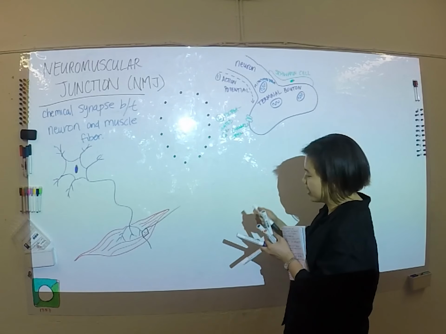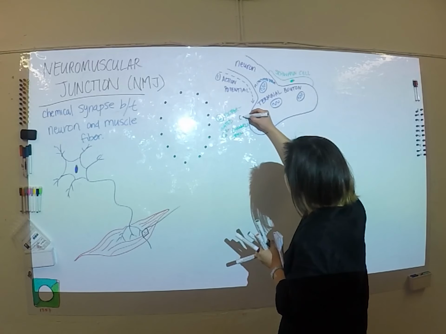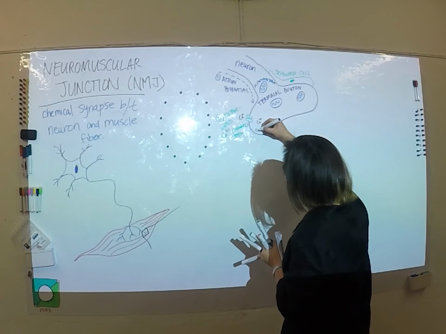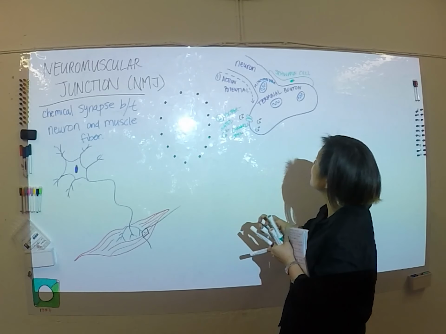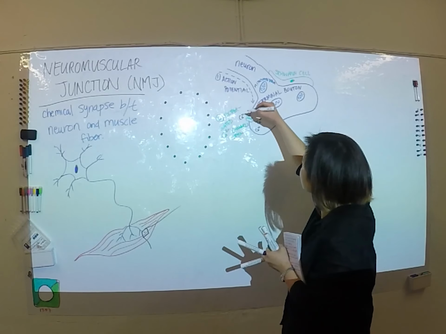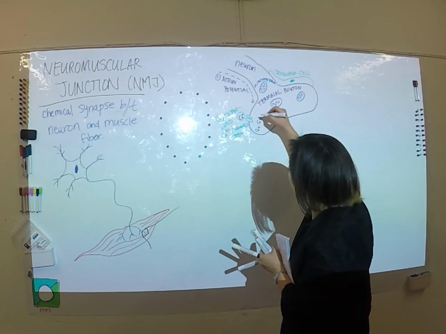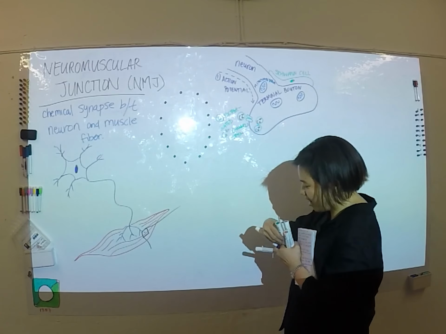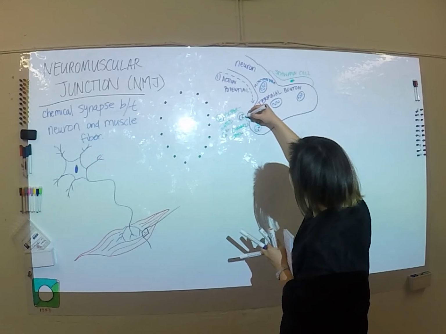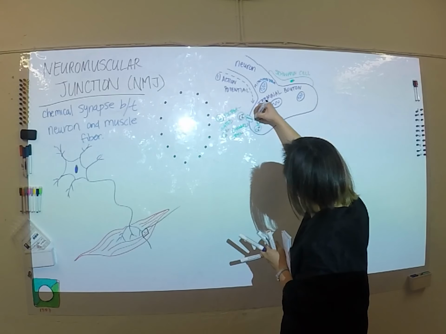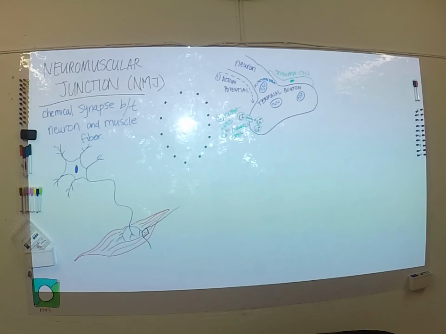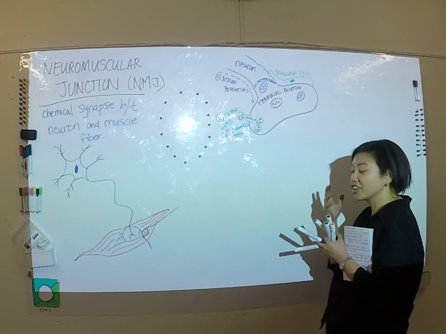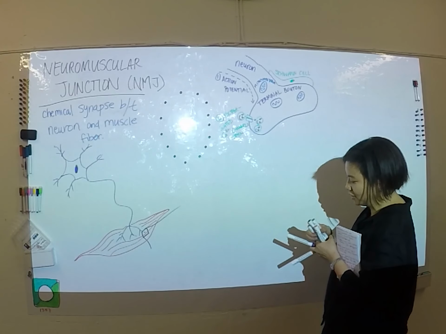Okay? And this allows what? This allows lots of calcium to enter the terminal bouton. So these ions are going to flood in, and what are they going to do? They're going to activate a vesicle.